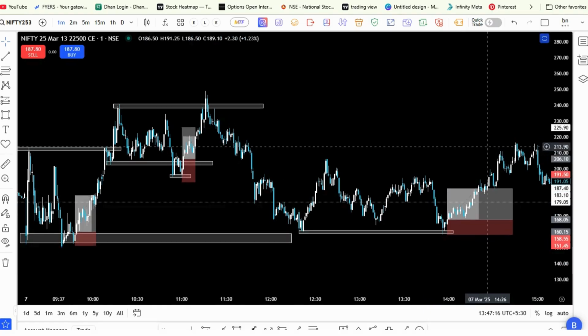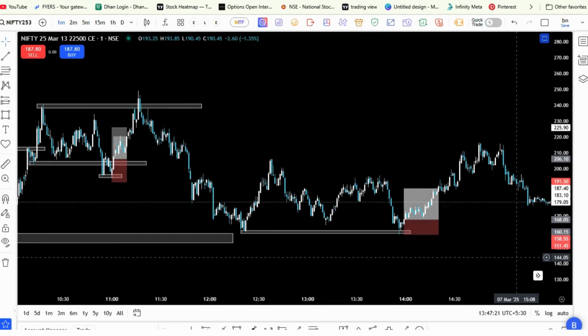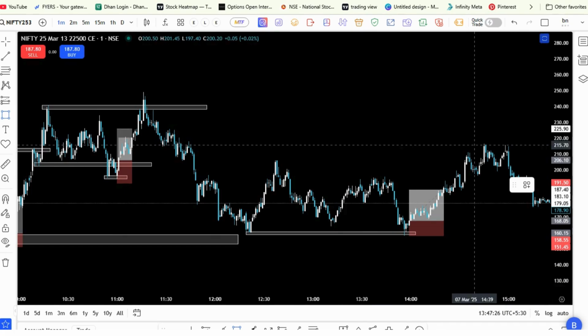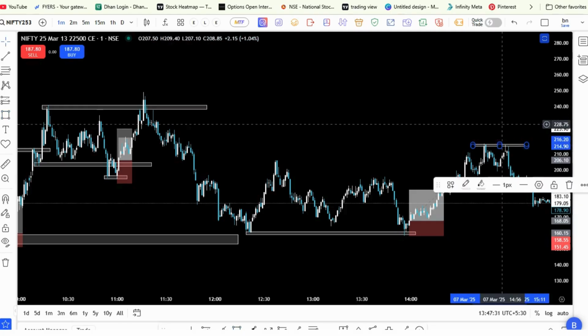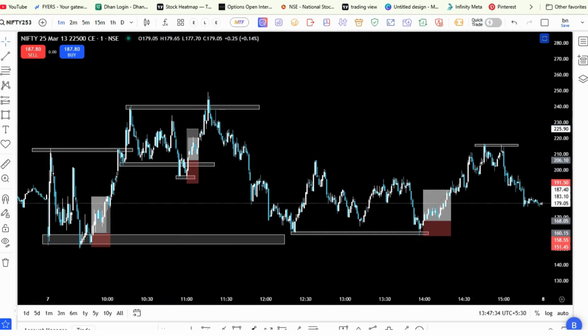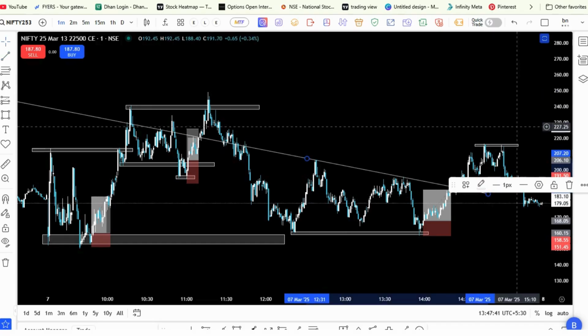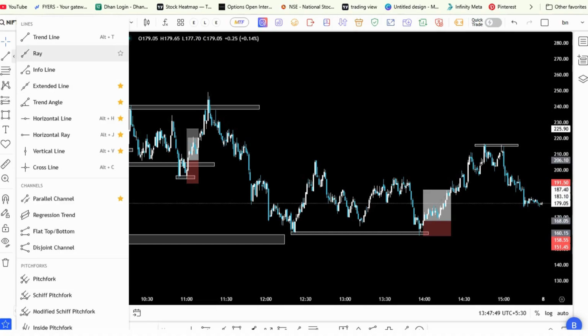There is always a good ratio if you target the small candles rather than the big candles. The same happens with the resistance. I try to avoid trend line trades, because we can't exactly find the potential of the price to move up.